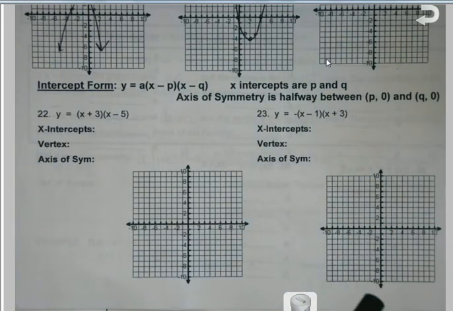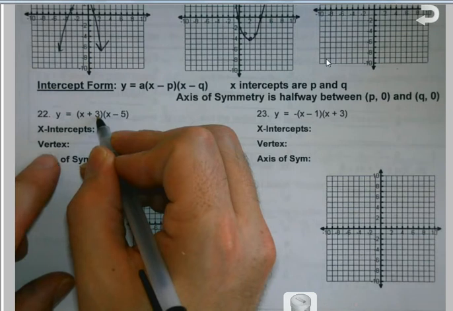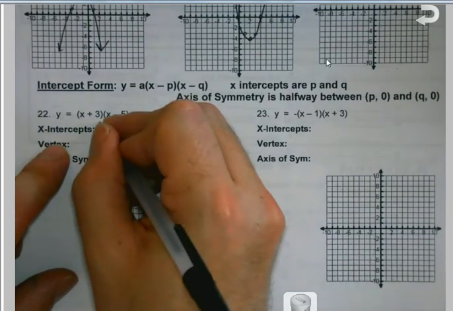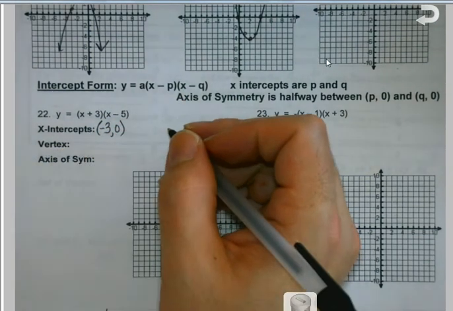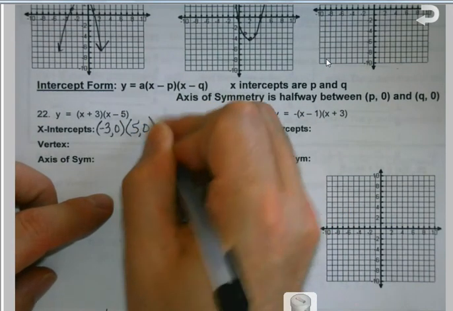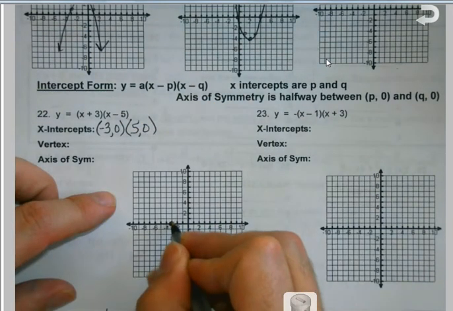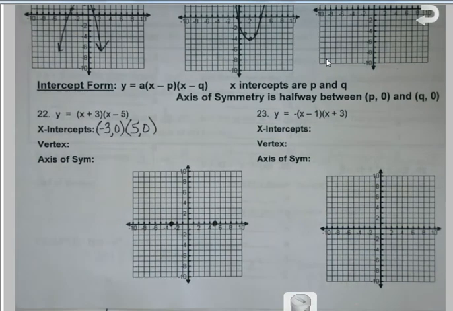It's kind of weird. So to find my x-intercepts, since I just set these equal to 0, I'm just going to take the opposites. So my x-intercepts are going to be at -3, 0, because they're points, and then change my sign on the other one. So -3 and +5. So you're like, okay, but how's the vertex work now? Do I have to FOIL this out or something?